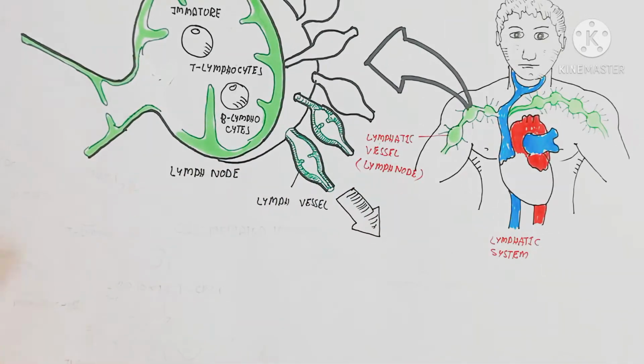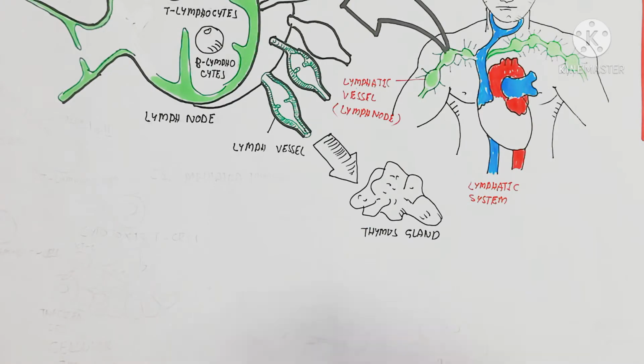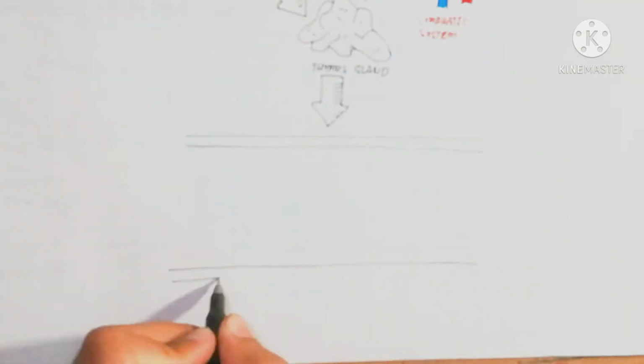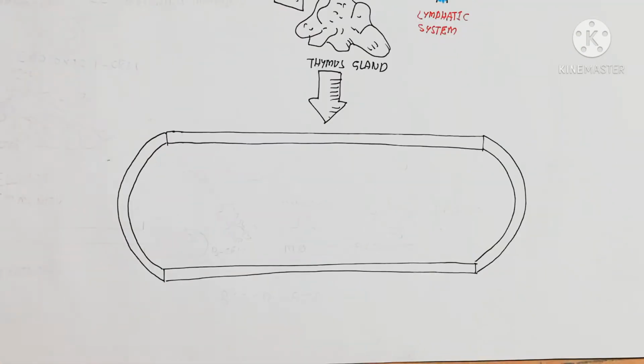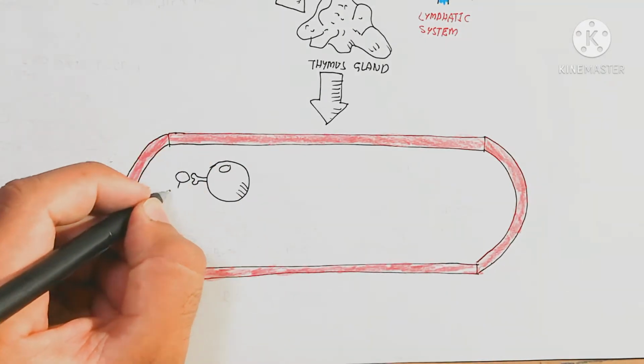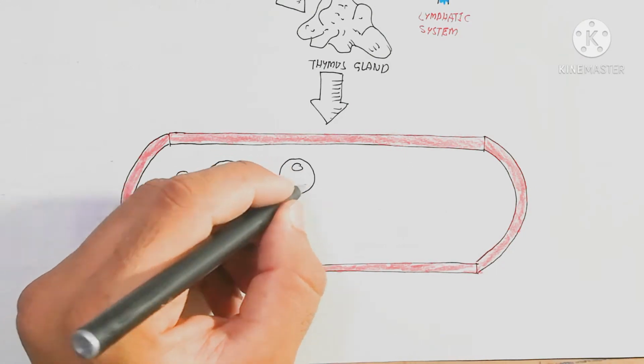Next we will discuss the thymus gland, which activates the T lymphocytes and B lymphocytes. This is the education site, the thymus gland, which educates or activates them and moves them into the blood vessel to where the infection site occurs.